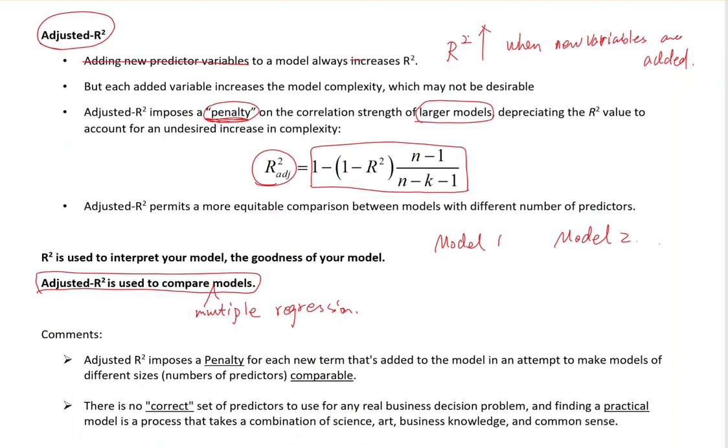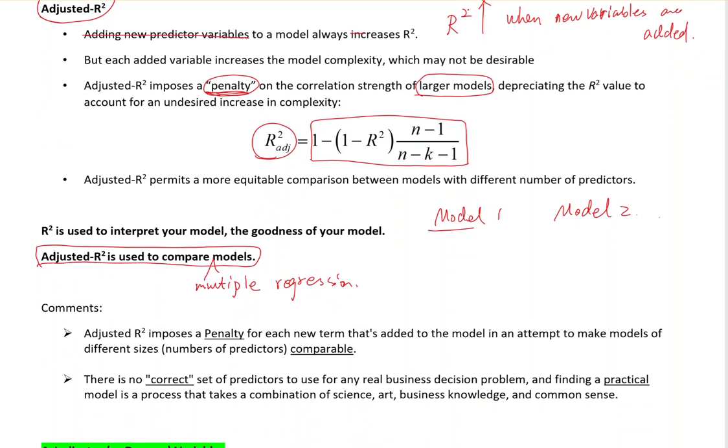If model 1 includes, let's say, 3 variables, and model 2 has 4 variables, then if you compare R-square, model 2 is always larger than model 1. But you need to use adjusted R-square.